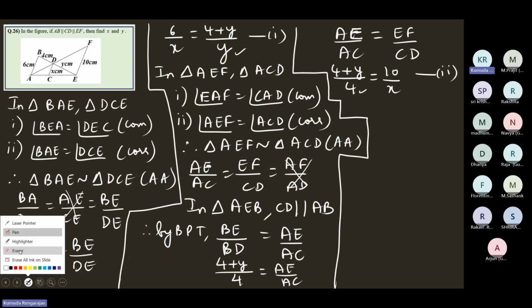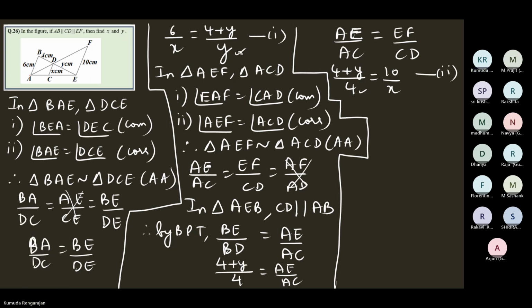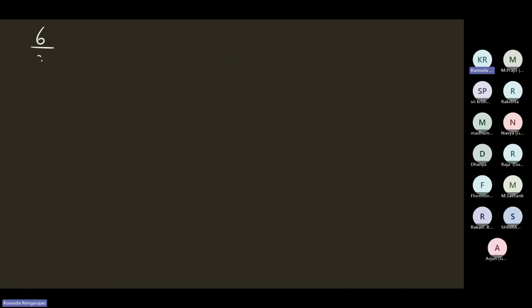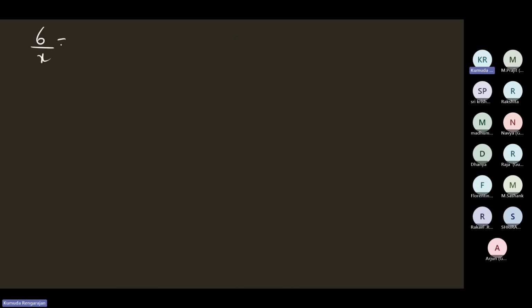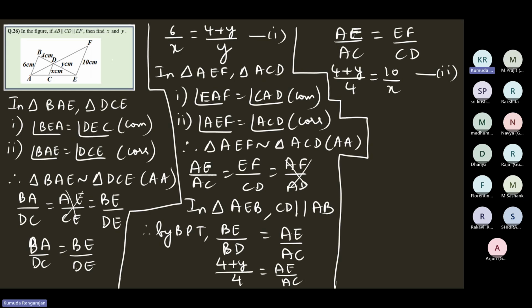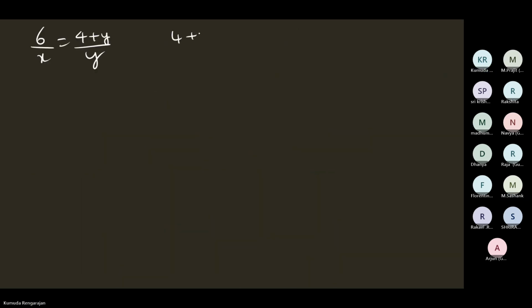So we'll just work that out. 6 by x, let me write it one below the other. 6 by x is equal to 4 plus y by y, and 4 plus y by 4 is equal to 10 by x.